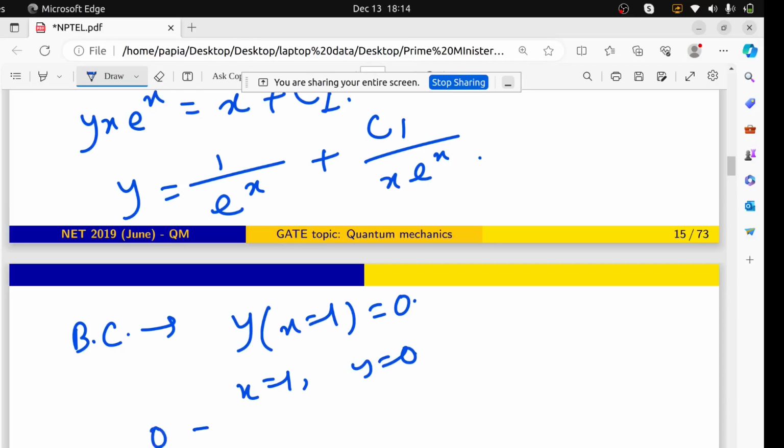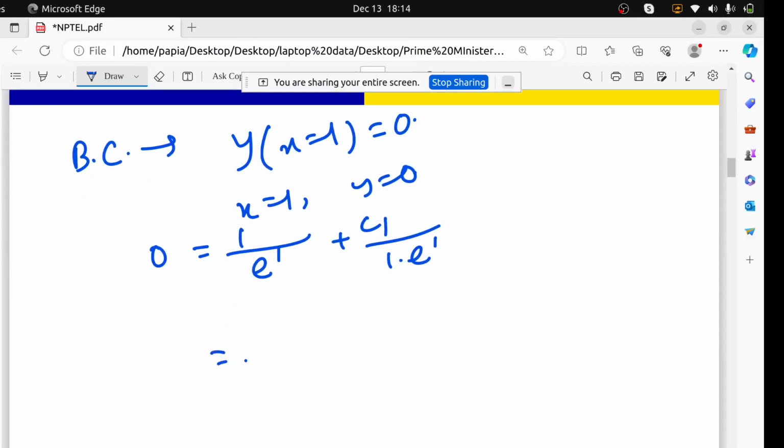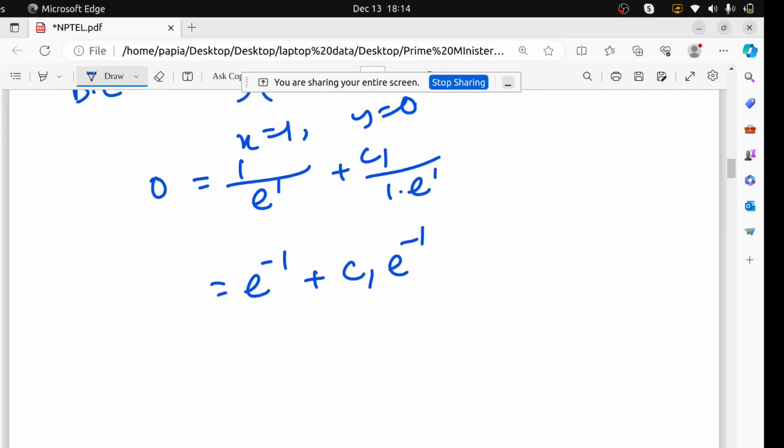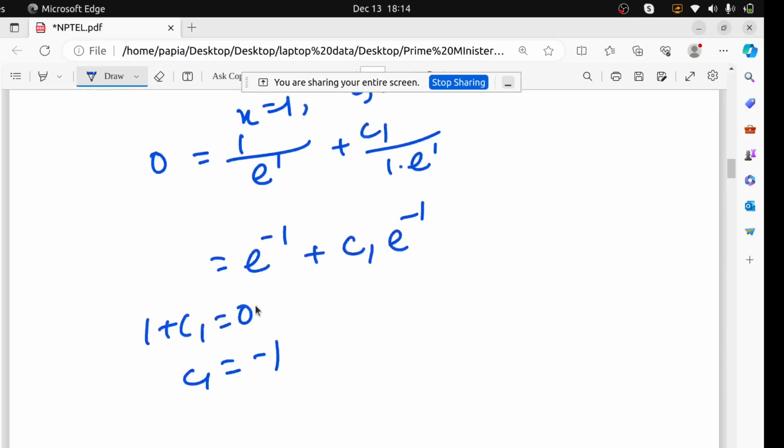y will be 0, so 1 by e to the power 1 plus c1 by 1 into e to the power 1. Then what will be the answer? e to the power minus 1 plus c1 e to the power minus 1. Now you can see e to the power minus 1 should not be 0, so 1 plus c1 is 0. c1 is minus 1, right?